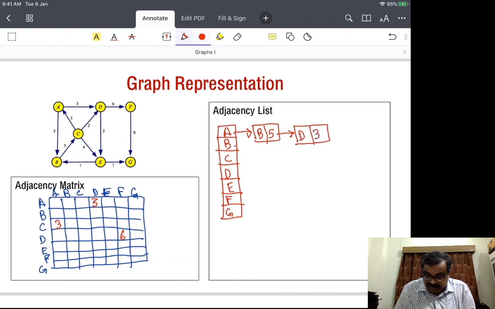For B, it would be one link, to C, having weight 5, and so on. You could also implement it in the same way that I mentioned earlier. So the adjacency list of a weighted or labeled graph will have, other than the node label, all the property labels associated with every edge.